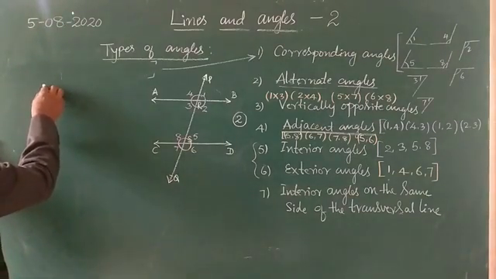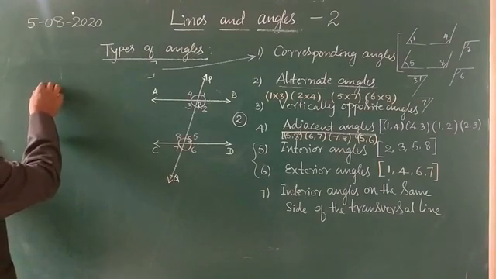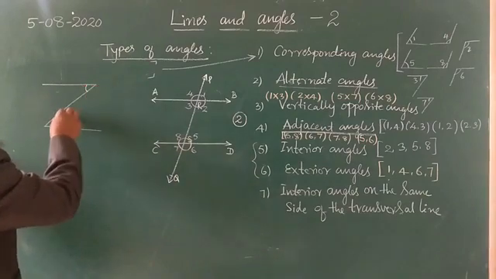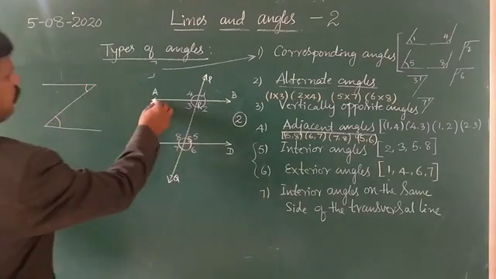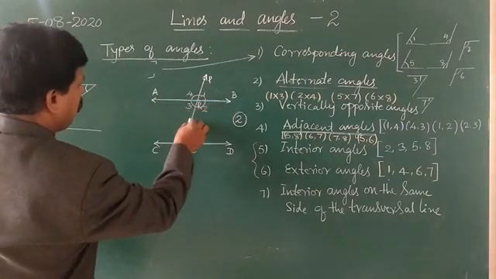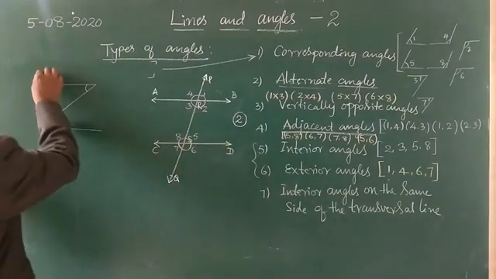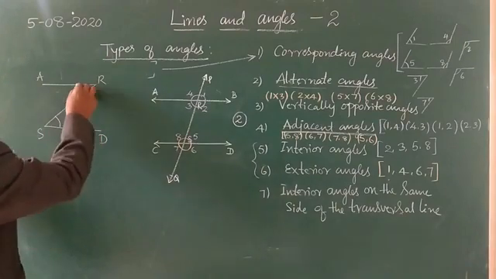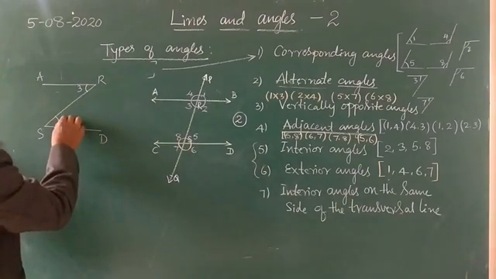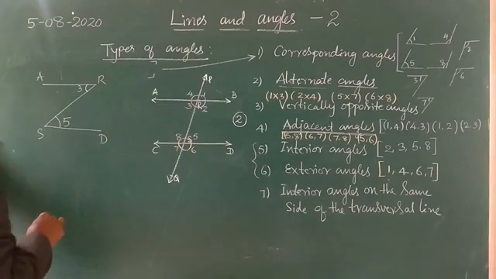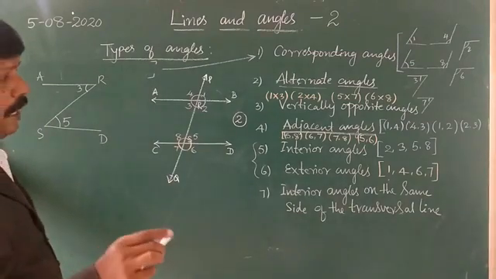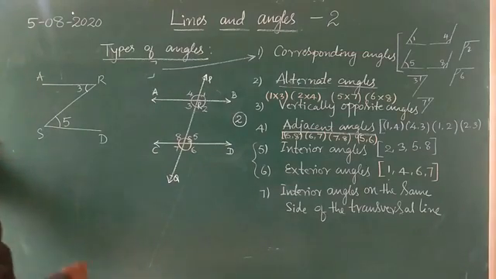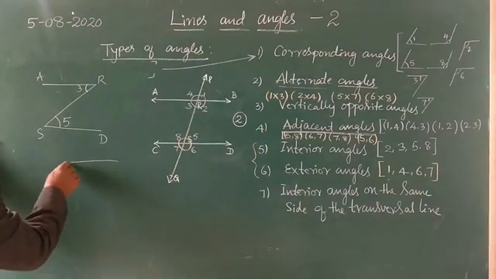Alternate angles are like this, Z-shape angles. See, if you take this, 3 and 5, that is one pair of alternate angles.